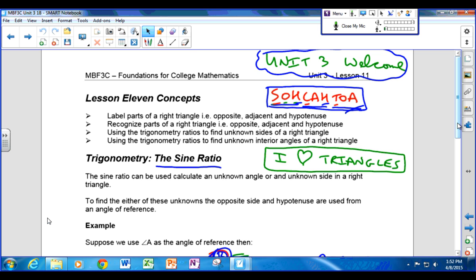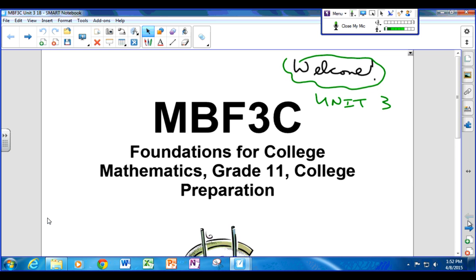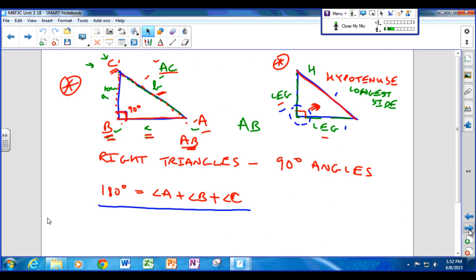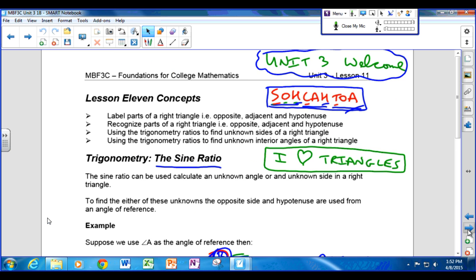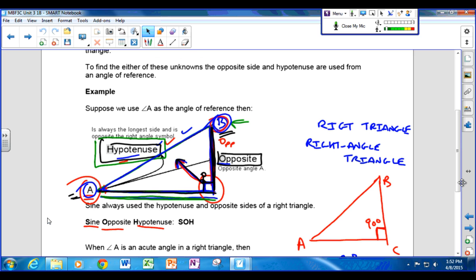But we can talk about the sine ratio, the cosine ratio, things like that, trigonometry ratios. I think we're good with SOHCAHTOA. We'll just maybe talk about it briefly.